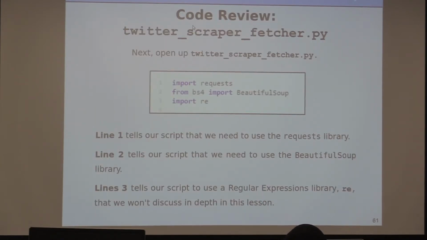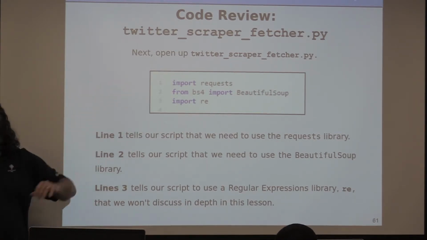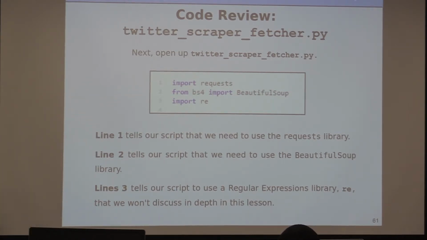Okay, so go back to the Twitter scraper fetcher, and you'll see these at the very top. This is how you're going to import those libraries. So you're going to say import and then requests. That's going to bring it in. Farther down in the code, you're actually going to see a requests dot.